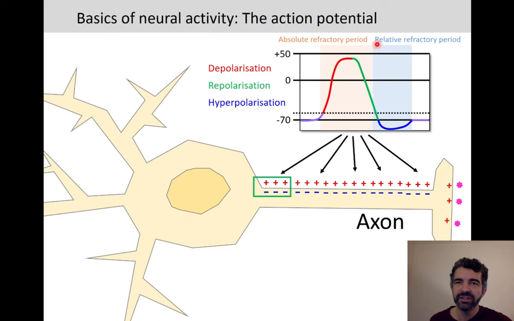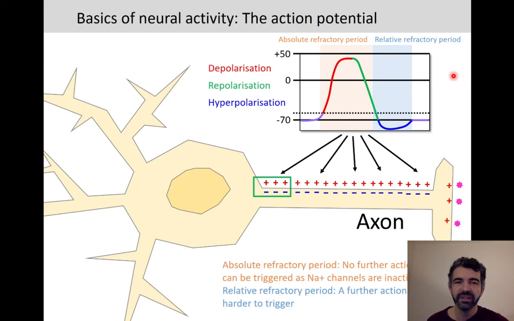So what you can see here indicated in different time windows is a relative refractory period and an absolute refractory period. What does that mean? The absolute refractory period means that no further action potential can be triggered at this moment. This is because the Na+ channels are inactivated.